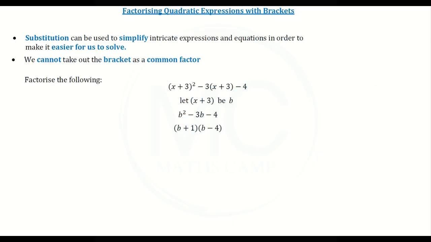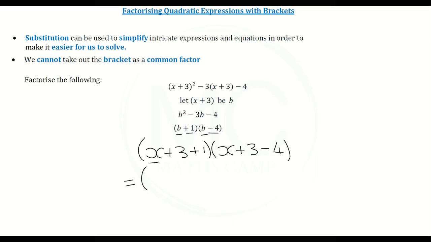So we need to substitute x plus 3 back into our b value over here. Let's tidy this up. Now our first bracket, we have b plus 1. So in the first bracket, instead of b, we're going to have x plus 3 plus 1. In the second bracket, we have b. So we're going to have x plus 3. And then we minus 4. Now we can tidy these brackets up a little bit.